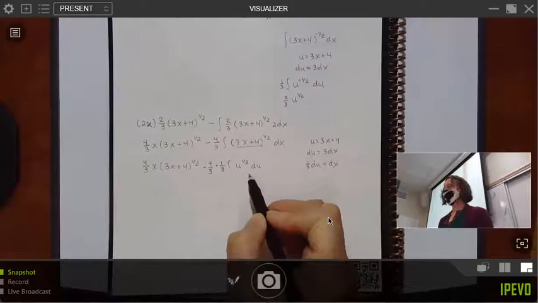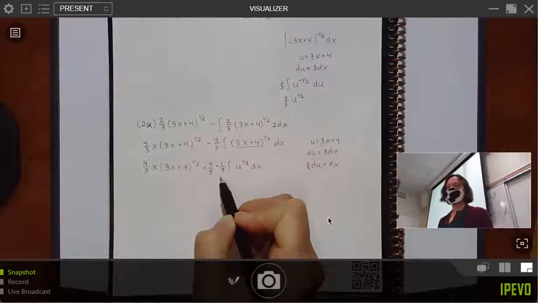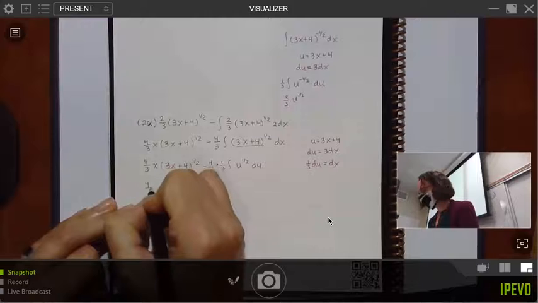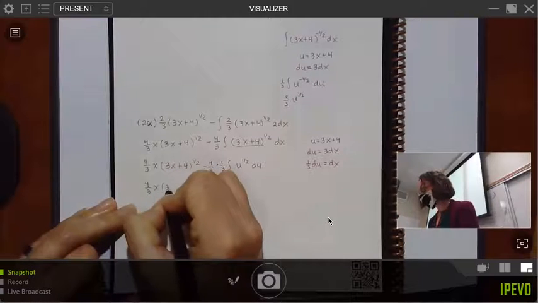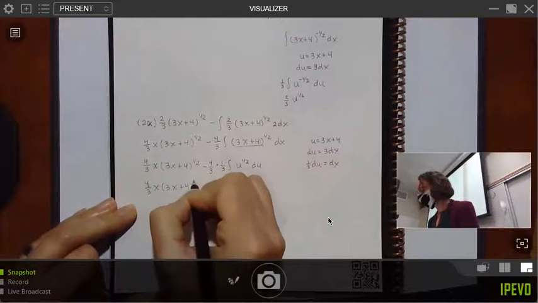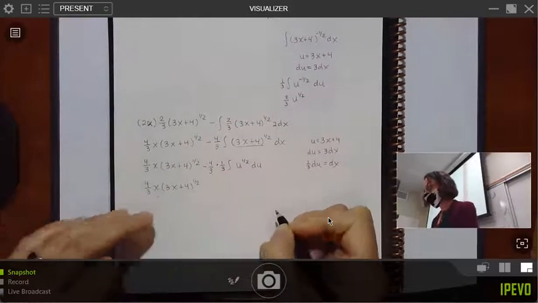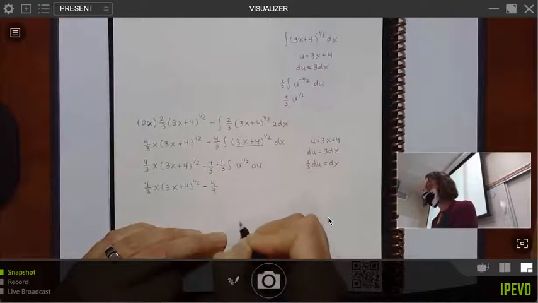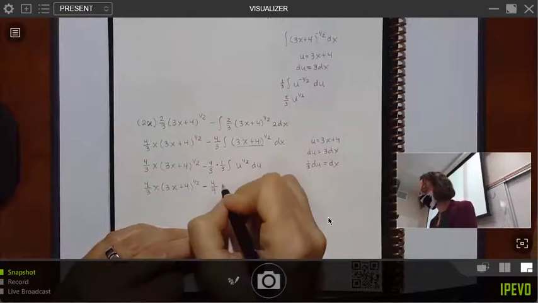I just put the over 3 out front. Okay. I'm looking at 4/3 x times 3x plus 4 to the 1/2 minus 4/9. There's your 4/9.